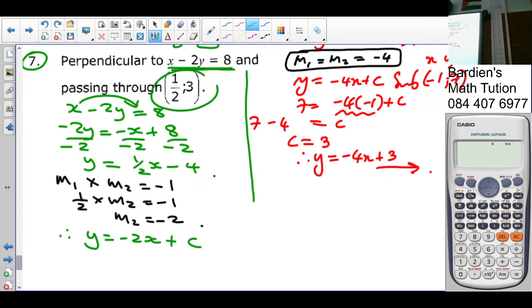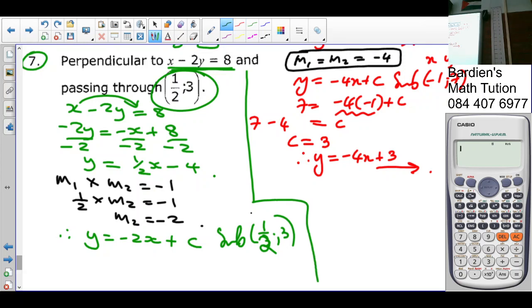Can I read my c value off from here? No. Why? Because x is not 0. So in other words, I'm going to substitute a half and 3 into the equation.